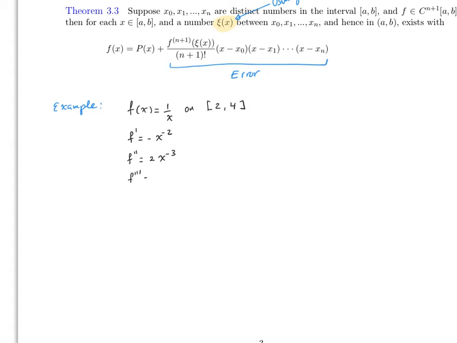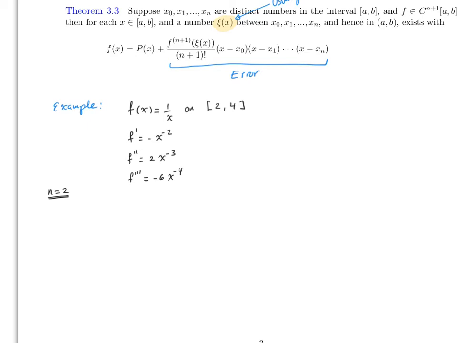And f triple prime is equals to negative 6x to the negative 4. Now the reason why I only go into the third derivative is that, remember, in the previous example n was equals to 2, so therefore 2 plus 1 gives you 3, because you need the n plus 1 derivative.